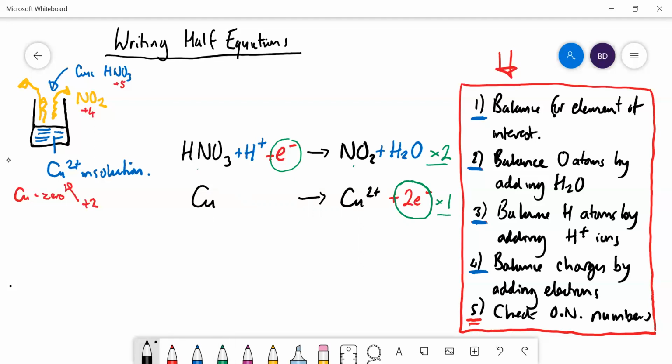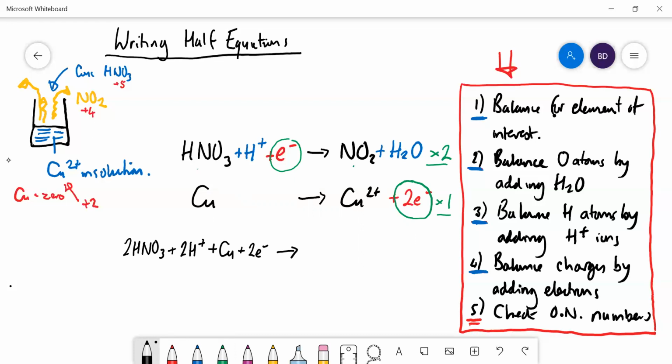So here we go. So we've got 2HNO3 and 2H+, plus we've got copper, so that's all the reactants sorted out. Well, let's put the electrons in as well, even though they'll cancel out afterwards.